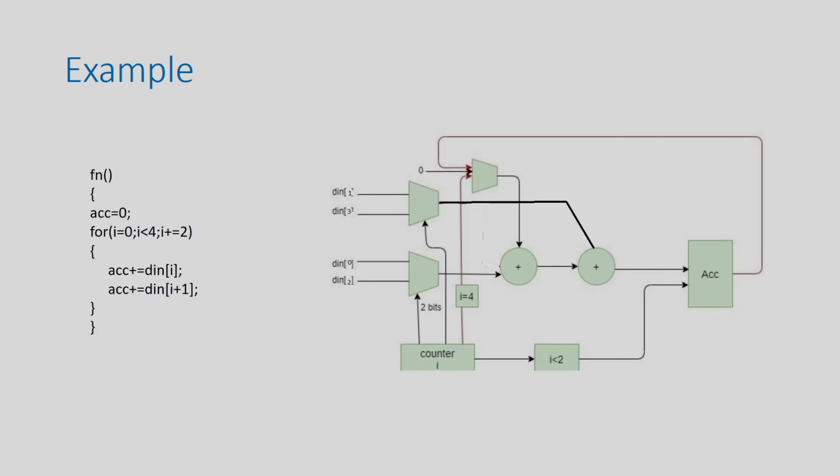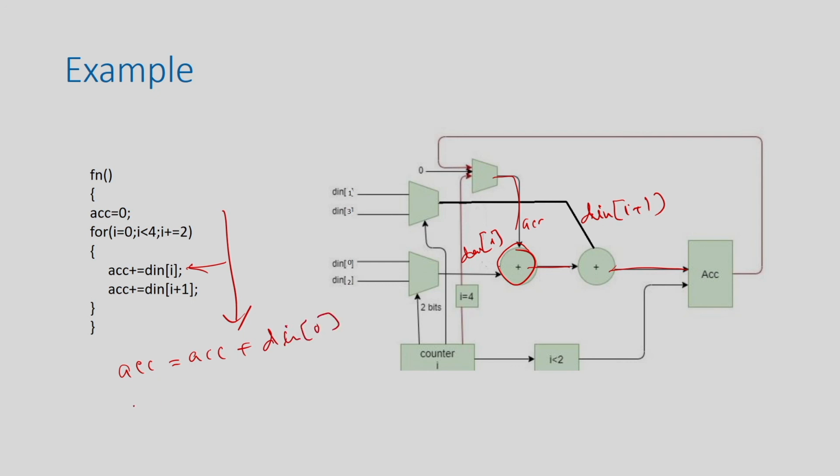And you can utilize your resource, right. So, if you take the same example, that accumulator, now I have 2 operations. This is the first operation where I am doing ACC plus D in, and this is the output, and this is my D in I plus 1, and this is D in I. Then the result is going there, right. In these operations, ACC equal to ACC plus D in 0, and then ACC equal to ACC plus D in 1.